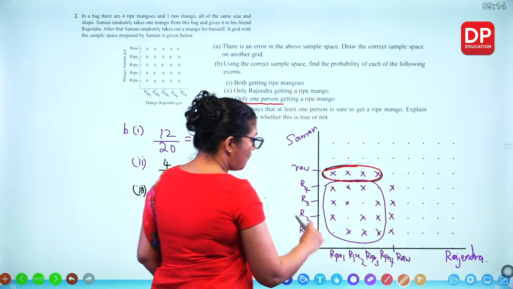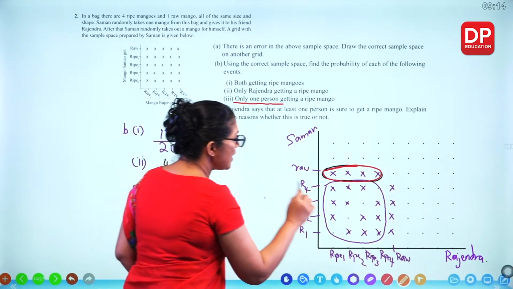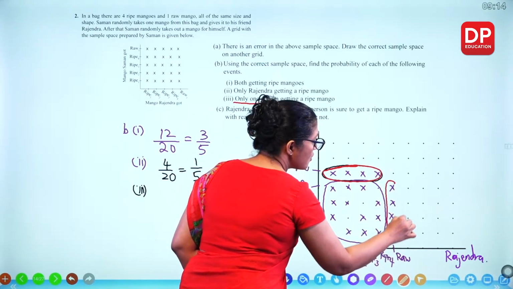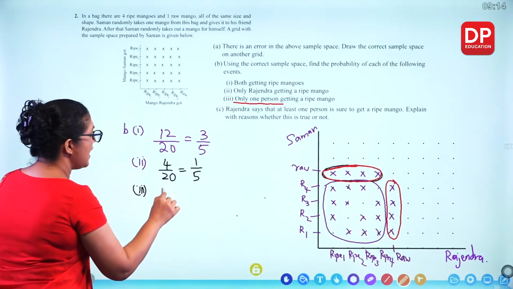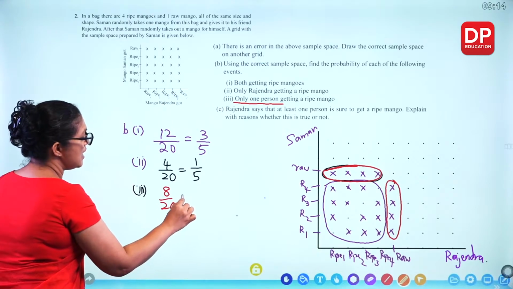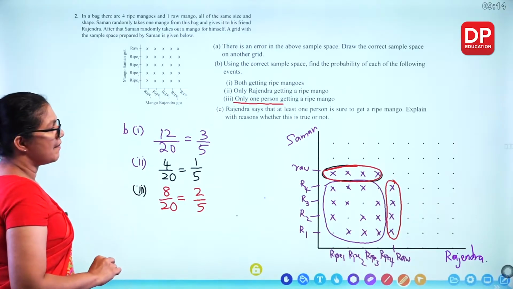Or if Rajendra gets the raw one, someone can get the ripe one. So this part. So 4 plus 4, you get 8 out of 20. Simplify and you can write 2 over 5.